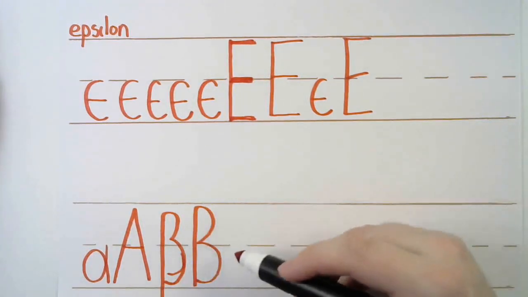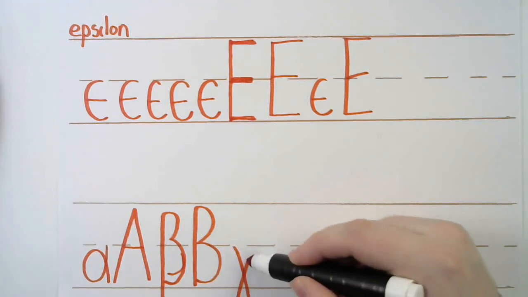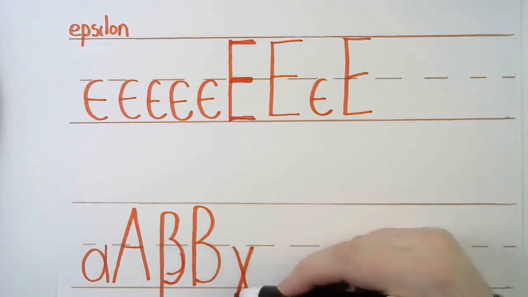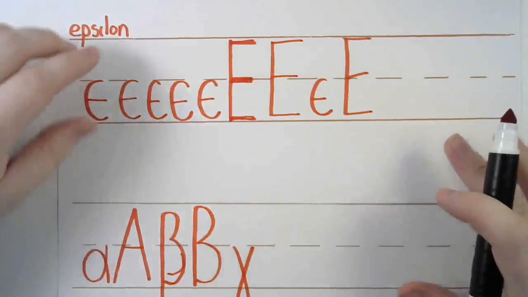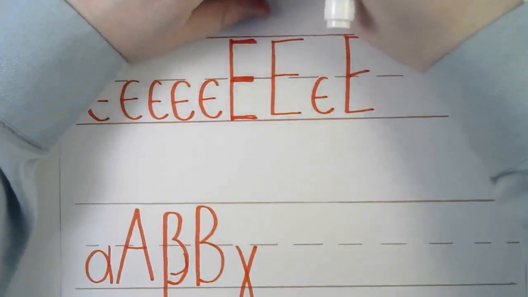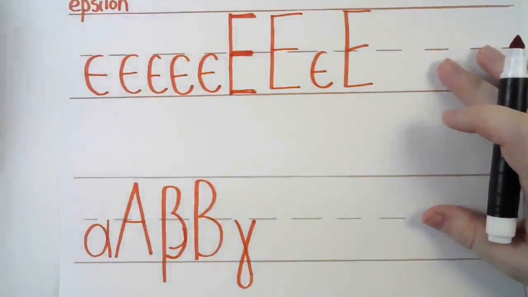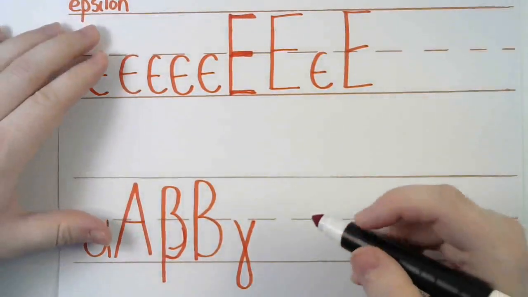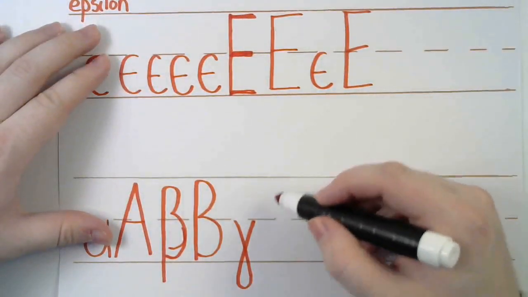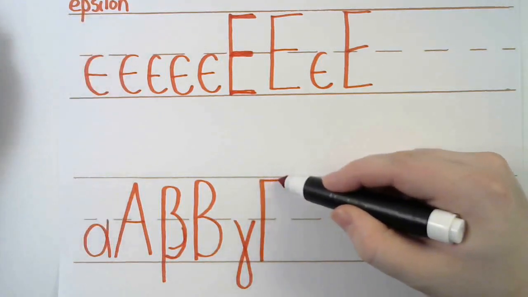What was our next letter? Gamma. And my gamma went off screen, but I assure you it loops down here. Let me unsecure my paper and prove to you it loops. Alright, see? Gamma. What was our next letter? No, we haven't done the capital gamma. Capital gamma.